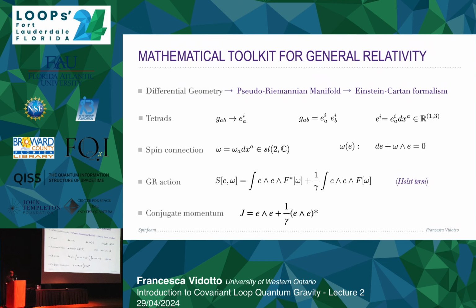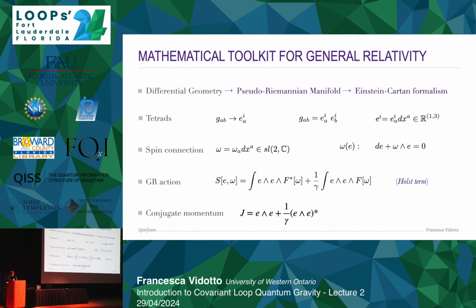So we have arrived at this point in which we have defined what are the conjugate variables that I am considering, what is the symplectic structure of this theory, and I'm saying I am picking up this particular form of the conjugate momentum.